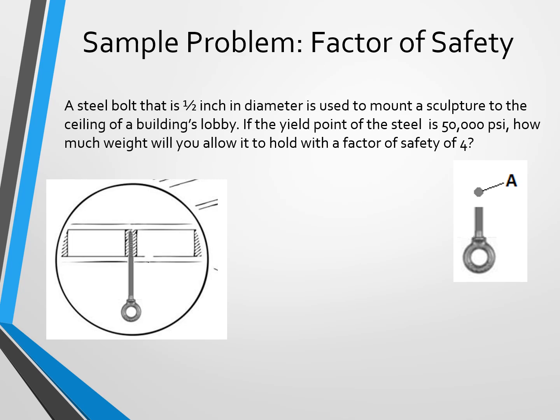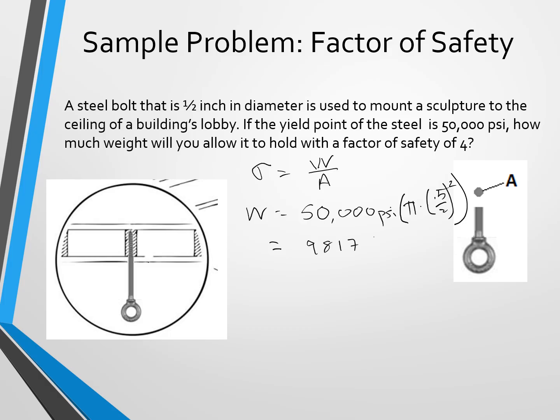So again, we have sigma is equal to force or weight divided by area, right? And so our weight is the yield stress times the area, which is pi times 0.5 divided by 2, the radius, squared. And so the weight is 9,817 pounds, just like before.